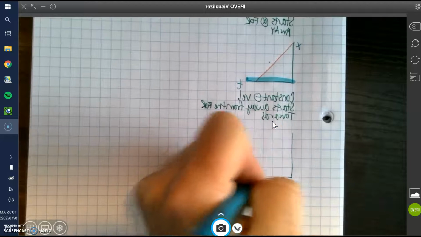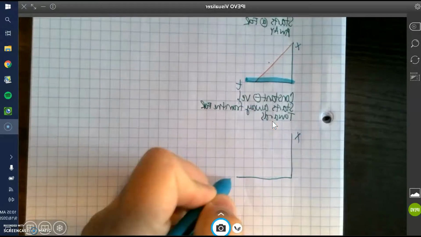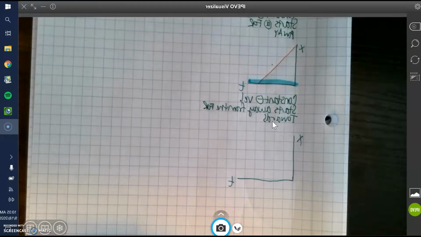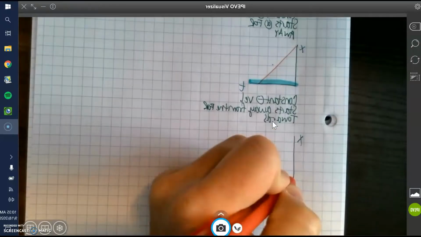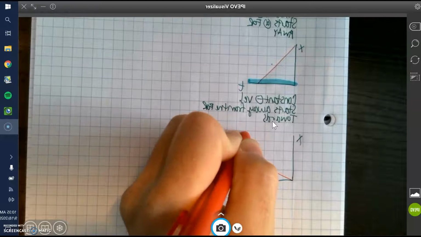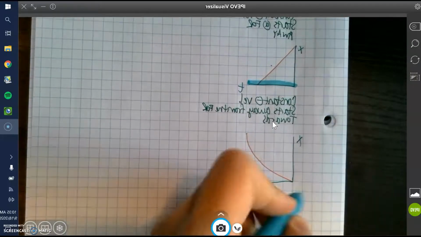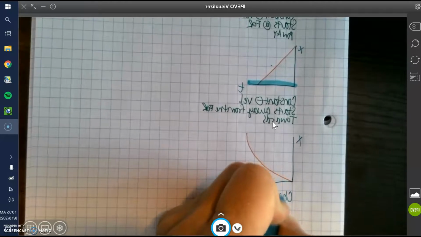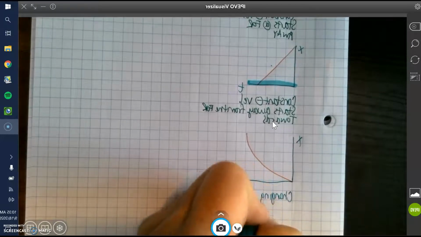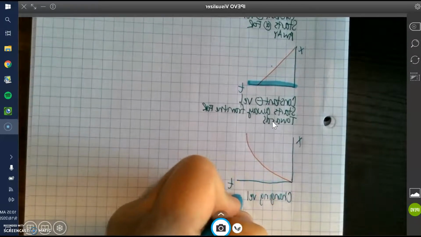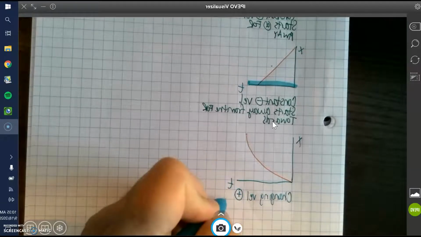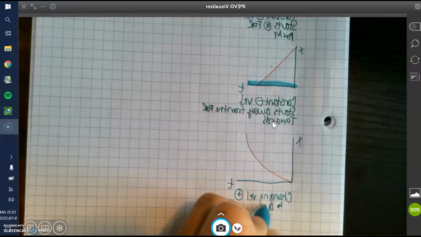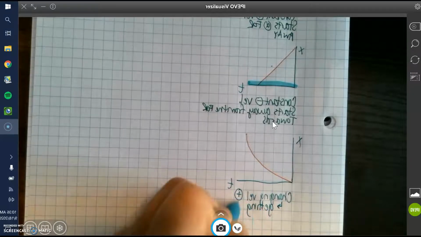So the first one, here's position and time, and we said that we can have a curve like that, and this would be changing velocities. Now, it's a positive slope, and this changing velocity is actually getting faster.